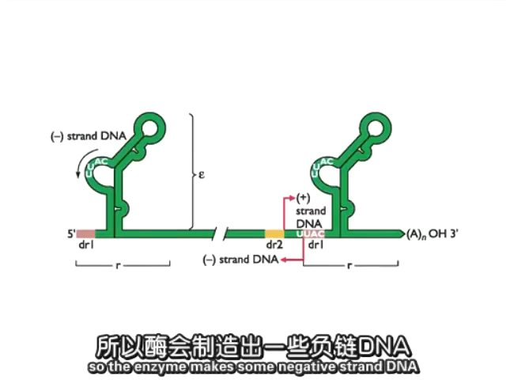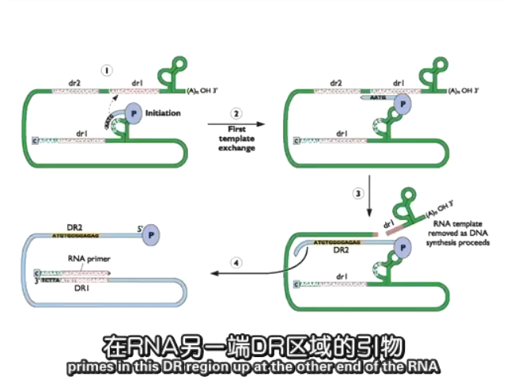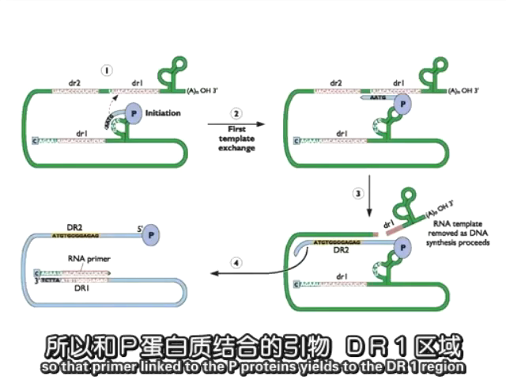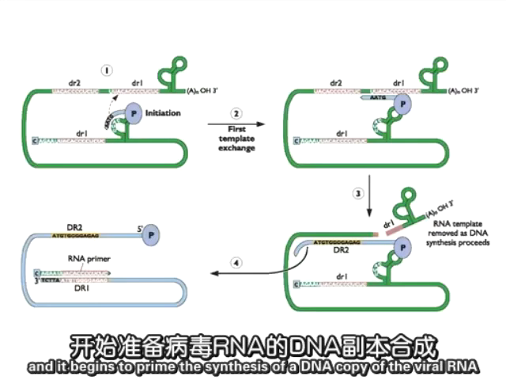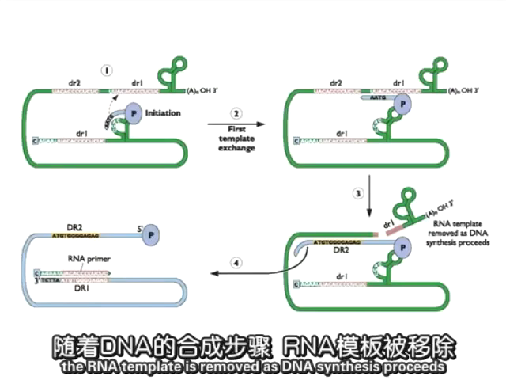So the enzyme makes some negative strand DNA, and then very shortly after it's synthesized, this negative strand DNA primes in this DR region up at the other end of the RNA, the pre-genome RNA. So that primer linked to the P protein anneals to the DR1 region, and it begins to prime the synthesis of a DNA copy of the viral RNA, as you can see in step 3. The RNA template is removed as DNA synthesis proceeds.